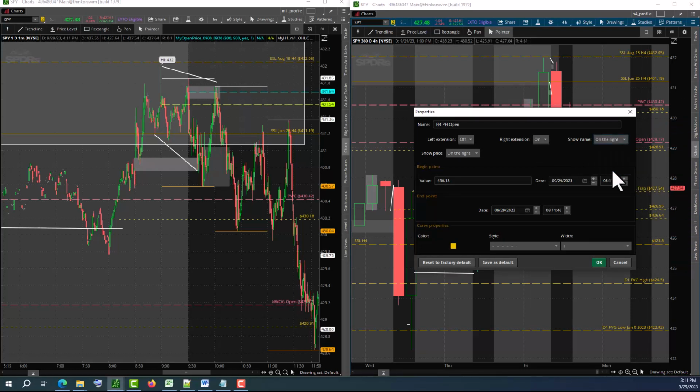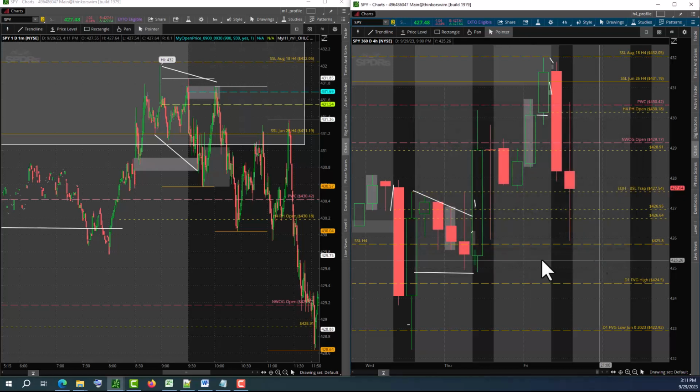So at least we have another confluence right there, which is it shows up in here.